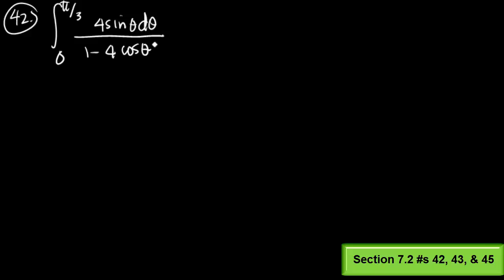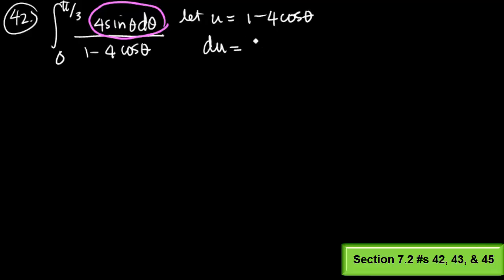Right away you should be looking out for what's a du. So most likely that's a du right there. Well, let's find out first what our u is. So let u equal 1 minus 4 times the cosine of theta.